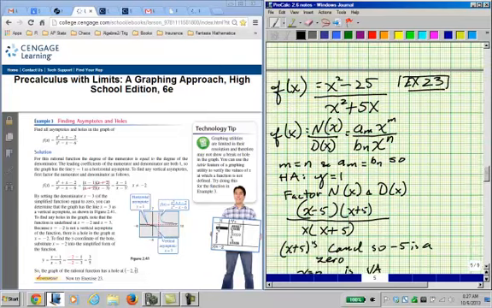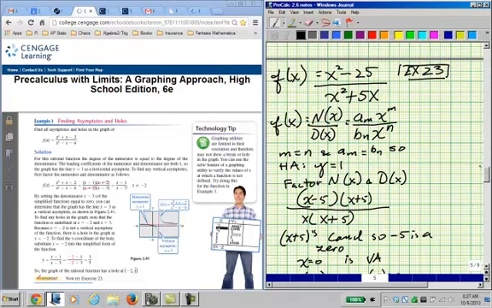X squared minus 25 over x squared plus 5x. Now I like using this notation just so I get everything into my head as far as these rules go. So let's use the rules. M equals n, so a sub m over b sub n, and the horizontal asymptote is y equals 1. So let's factor the numerator and denominator. We got x minus 5 times x plus 5 over x times x plus 5.